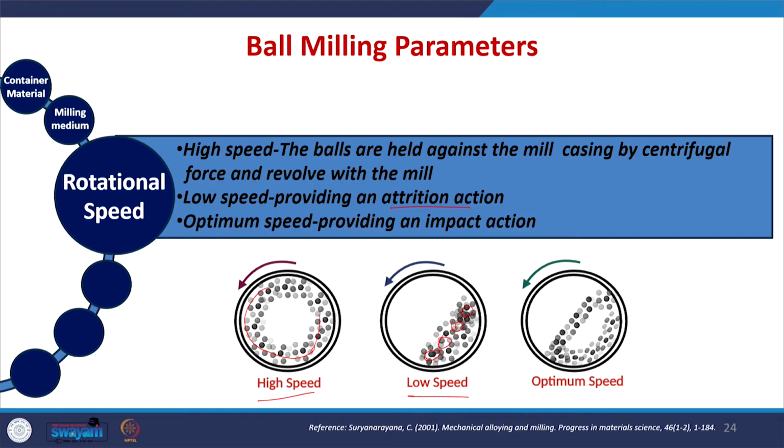At the optimum speed we will have attrition plus impact. Balls will be carried up by the centrifugal force and fall back and break the material. So that is the advantage of this rotational speed. We have to use the optimum speed to achieve smaller size particles.